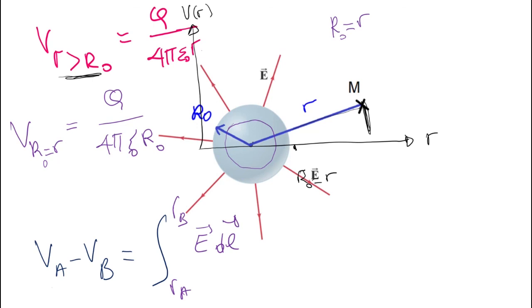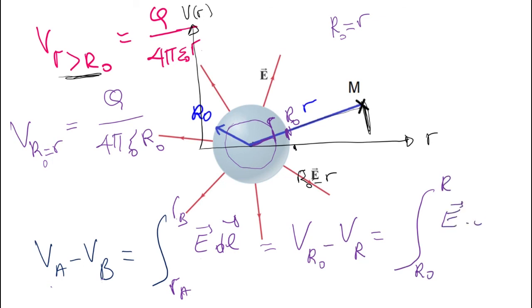The potential difference is from the final position to the initial position, of E dl. Now, if I want the electric potential difference between this limit R0 and inside, which I call r, when r is less than R0, the difference of potential between R0 and r will be the integral from R0 to r of E dl.